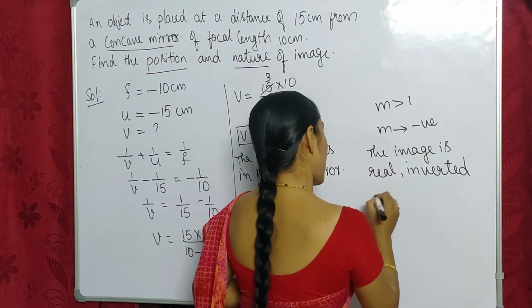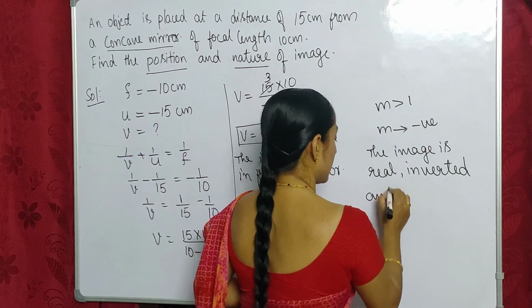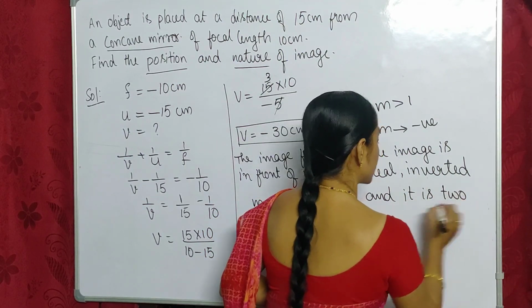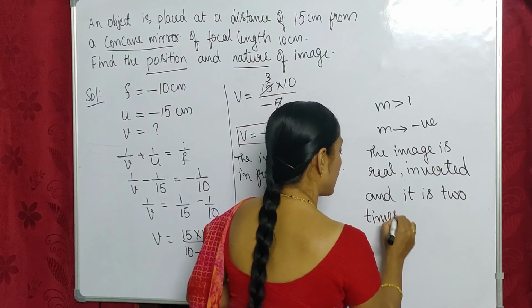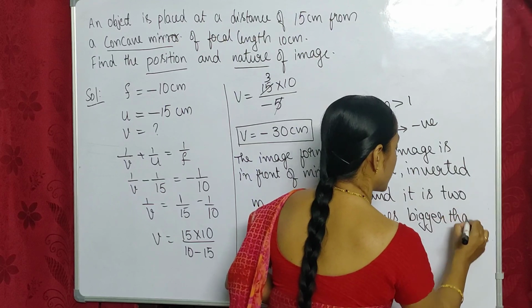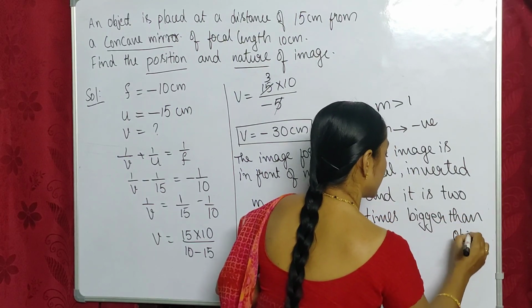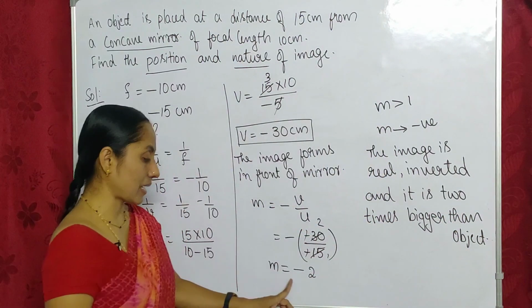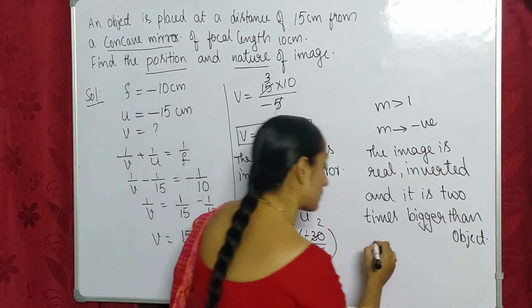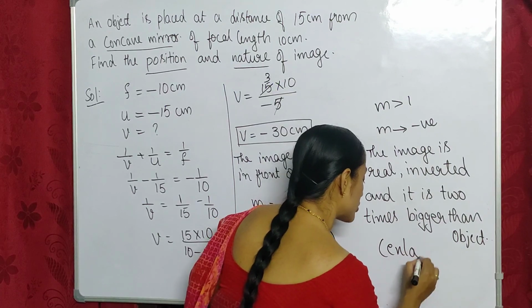The image is magnified and it is 2 times bigger than the object. m is equal to 2 meaning what? It is 2 times bigger than the object. That means it is an enlarged image.